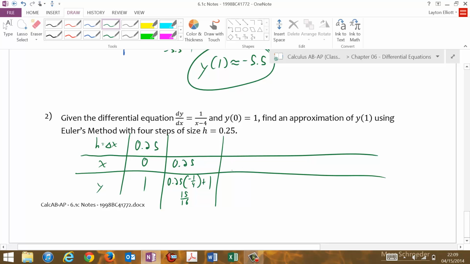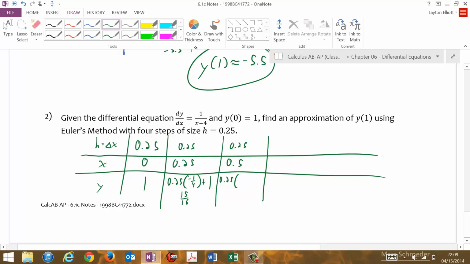I'm switching to fractions because this is probably going to be a little bit easier. So the next one is 0.5, or 1/2. And my step size, though, is still 0.25. So I'm going to do 0.25 times.